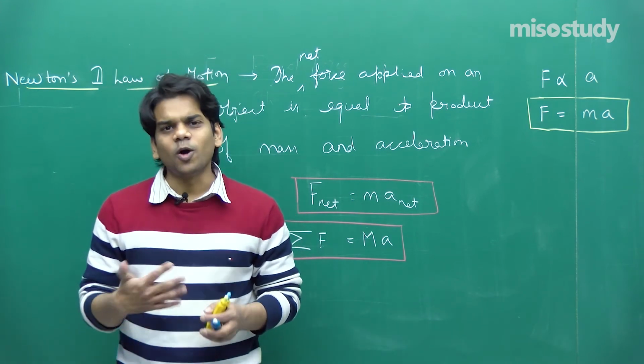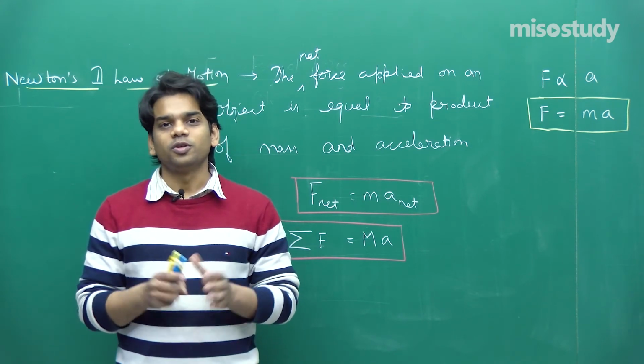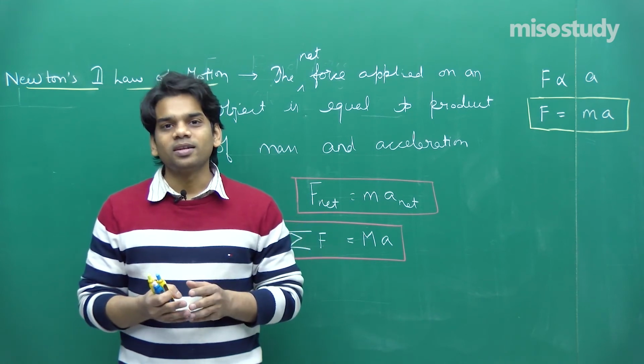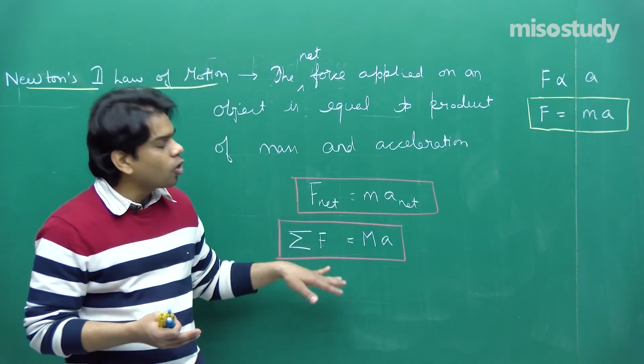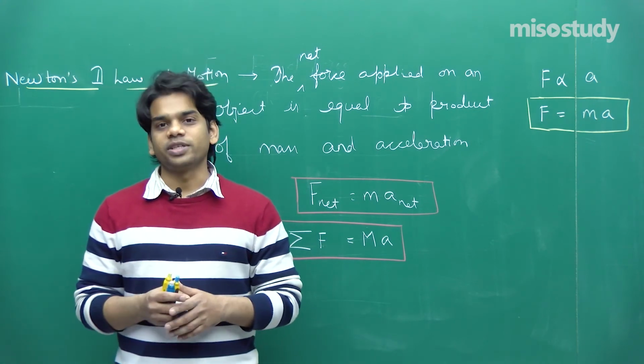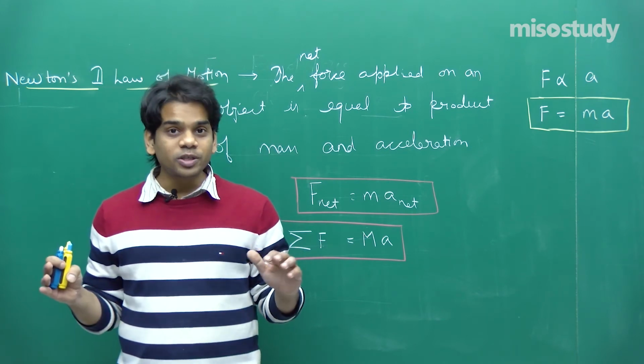And I will also teach you how to apply the second law, what steps we need to use, so that a complicated case can be simplified into a simpler one. In Newton's second law, we also have a hidden concept of equilibrium of an object. If I tell you equilibrium, that means the net force on the object should be 0.